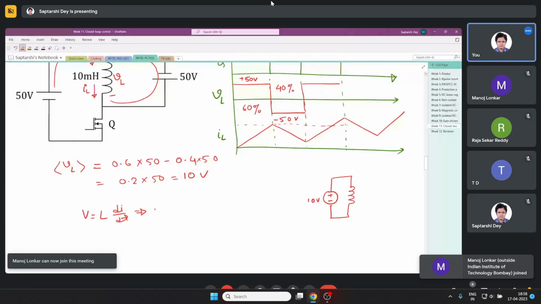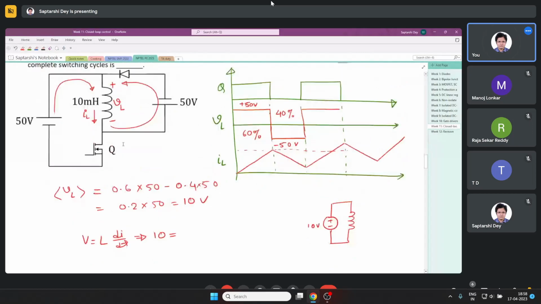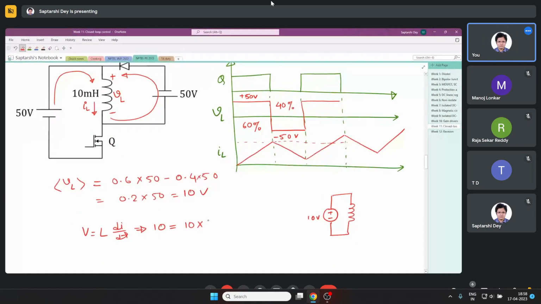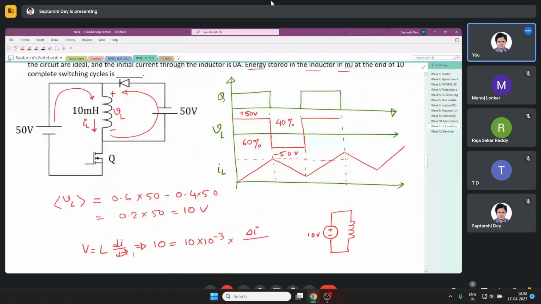So 10 equals, what is the inductance value? 10 millihenry. 10 into 10 to the power minus 3 times delta I by delta t.